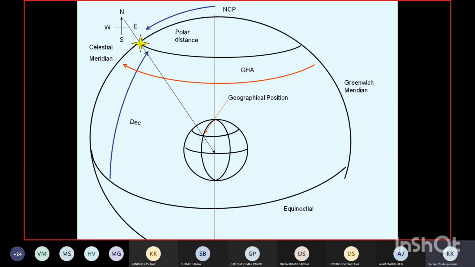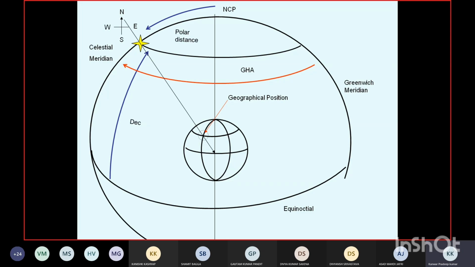I had said earlier that the distance from the equinoctial to the celestial pole is 90 degrees. Now the declination is given in degrees. By now you know, in the almanac. Yes or no? Yes, sir. So in this case, let us say approximately the declination is 70 degrees. It is very high.